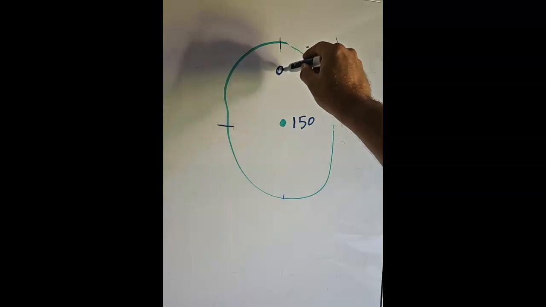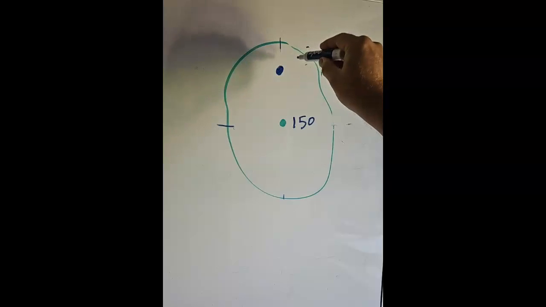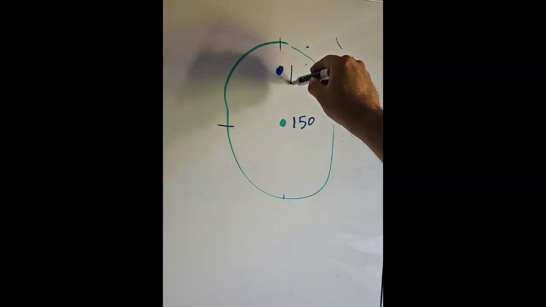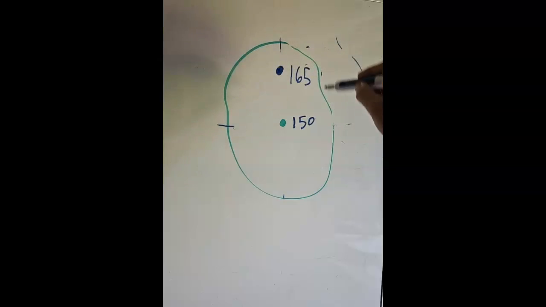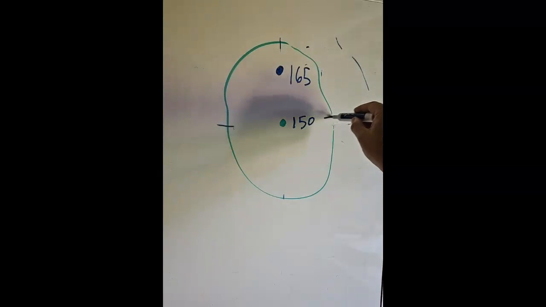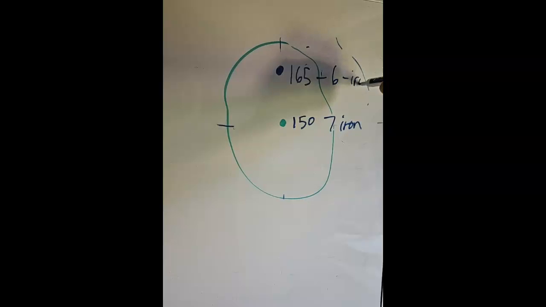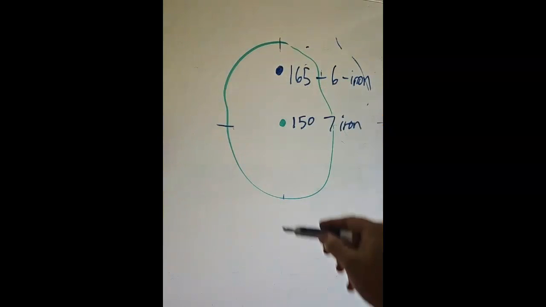You're going to play to a distance towards the back of the green, about one club more than this, somewhere in the 165 range. So if 170 is your 7-iron that gets you to the middle of the green, you're actually going to take one club more, hit your 6-iron, and still have the middle of the green be your target.